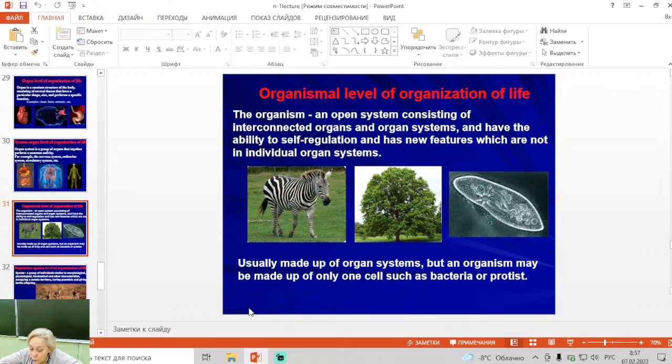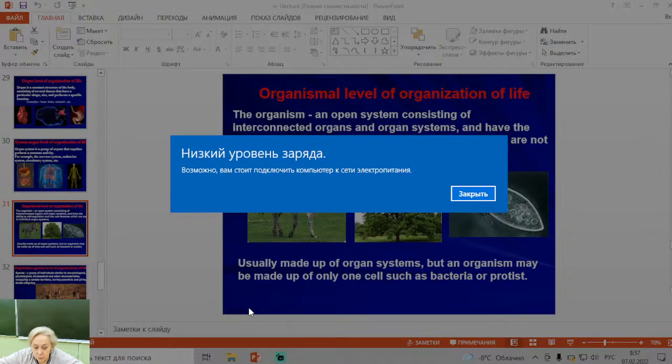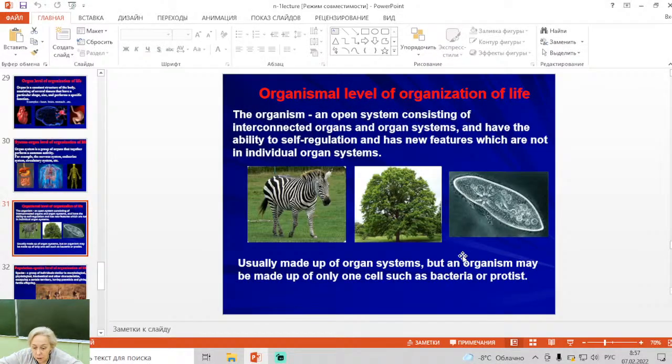It is usually made up of organ systems, but an organism may be made up of only one cell, such as bacteria or protists.